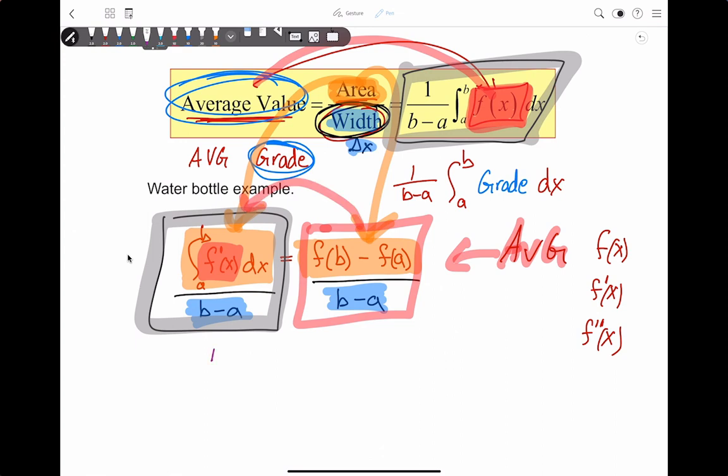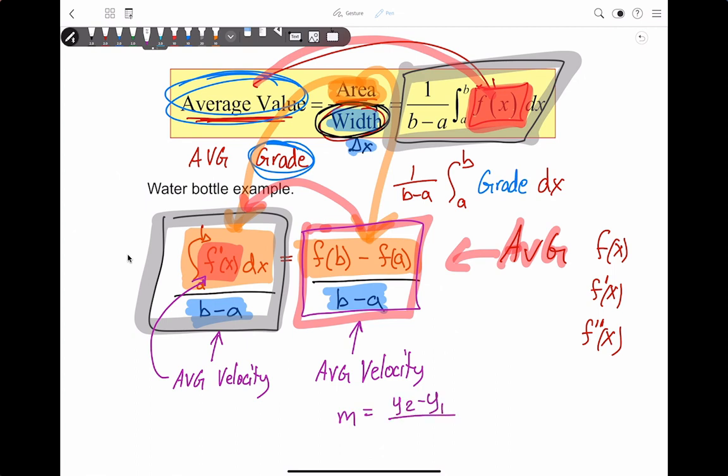So now in calculus, you should see this equation, boxed in black, as the average velocity. That's because the velocity function is your integrand. And you've been doing average velocity since Algebra 1, which is m, y2 minus y1 over x2 minus x1.